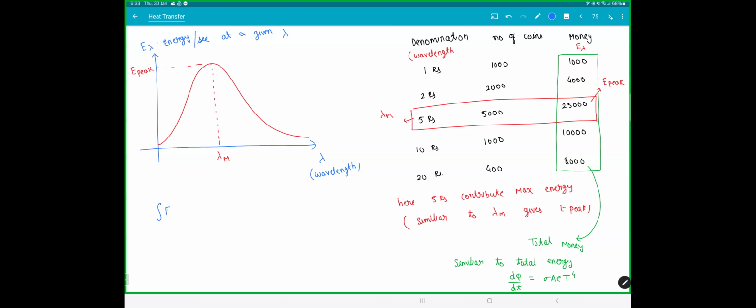So if I say integral of E lambda d lambda from lambda 1 to lambda 2, if you integrate, this area will give you the energy per second emitted by photons from wavelength lambda 1 to lambda 2.